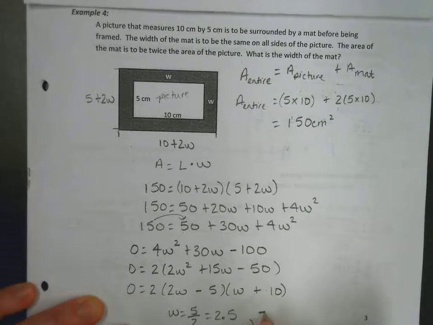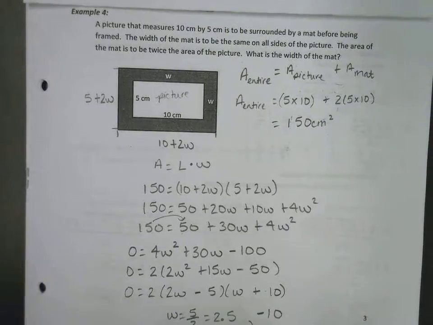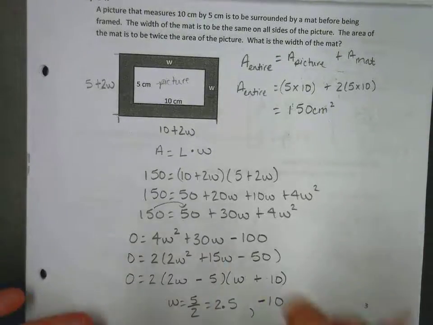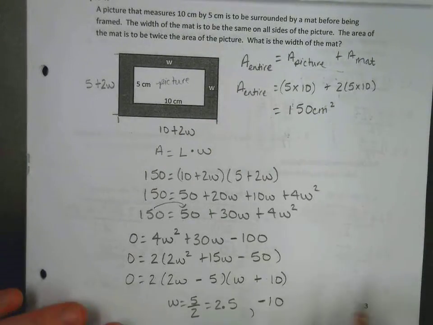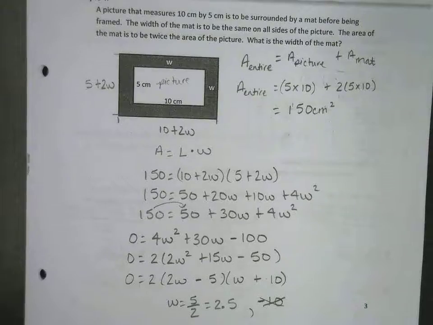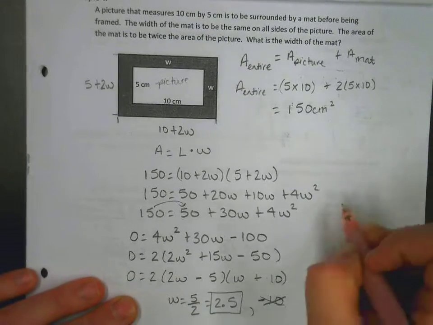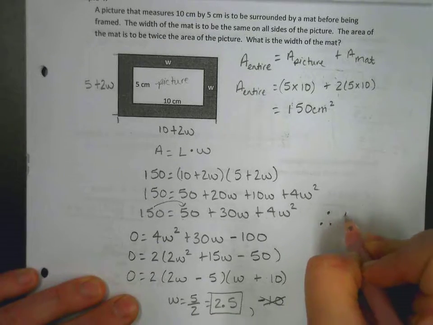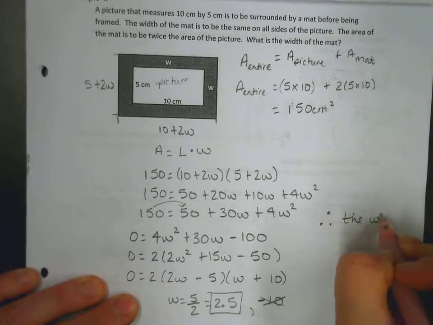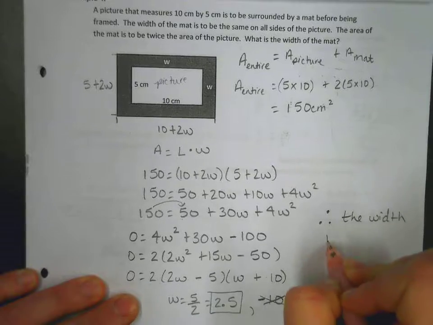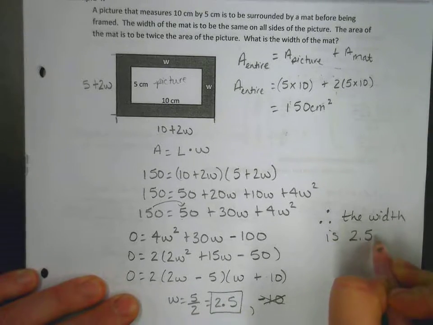And my other solution would be negative 10. Well, because we're talking about the width of this mat, which talks about distance, we can ignore this negative value, and the width of the mat is going to be 2.5 centimeters. Therefore, the width is 2.5 centimeters.